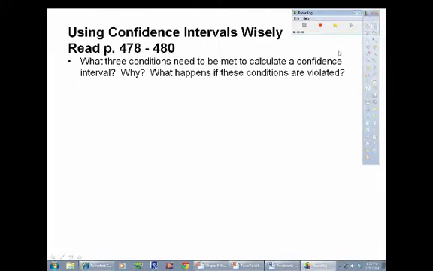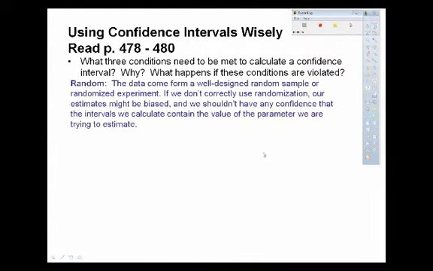Okay, so we're going to be talking about using confidence intervals wisely. What conditions need to be met to calculate a confidence interval? Well, random. This has to be random.